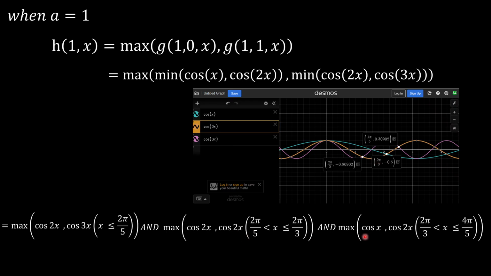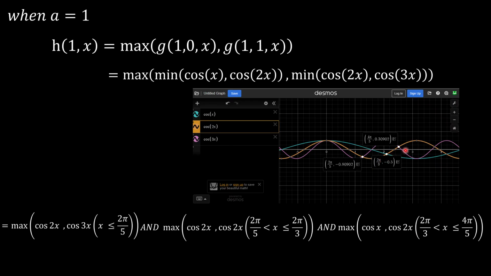Now between 2 pi over 3 and 4 pi over 5, for the minimum between cosine x and cosine 2x, we see that cosine x is the minimum, and for the minimum between cosine 2x and cosine 3x, because the purple has already gone up here, we see that cosine 2x is the minimum.